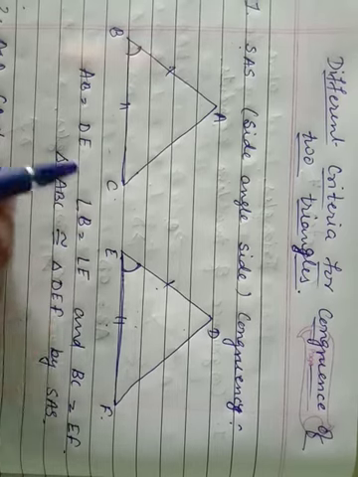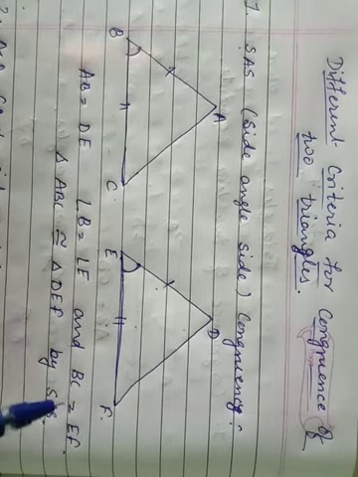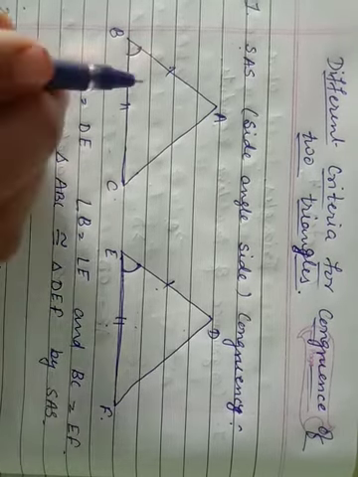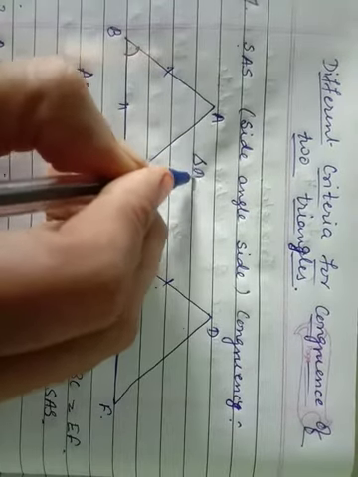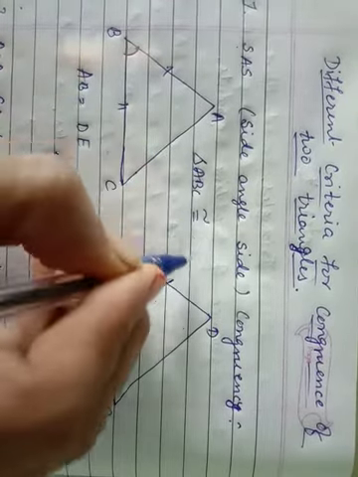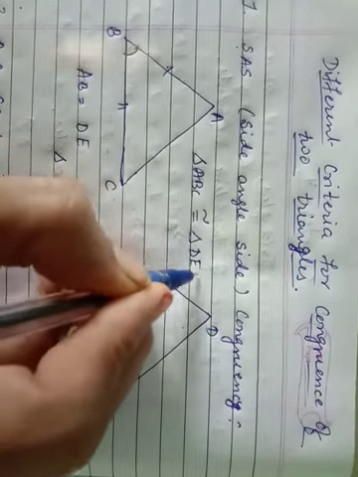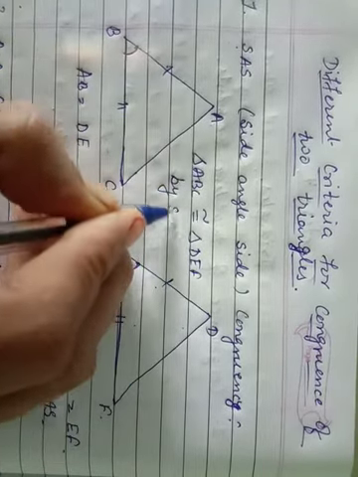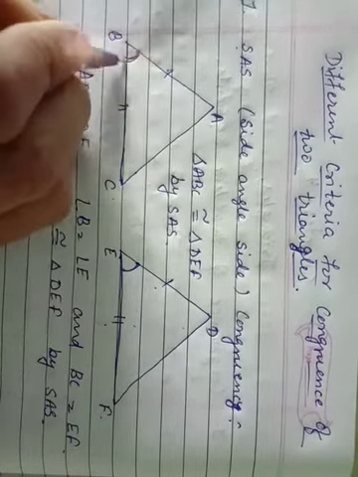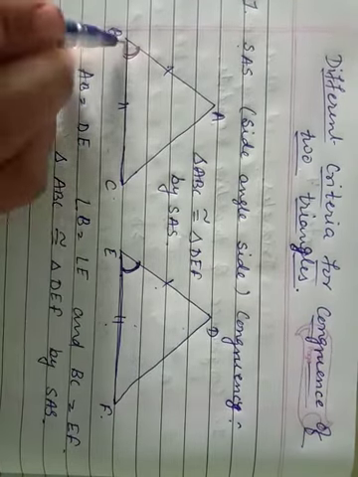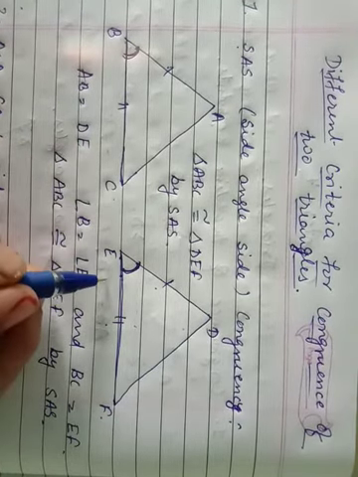So ABC covers the triangle DEF completely. This is the congruency of triangle ABC with triangle DEF by SAS. Angle should be included. You have to note this, that the angle should be included in this.